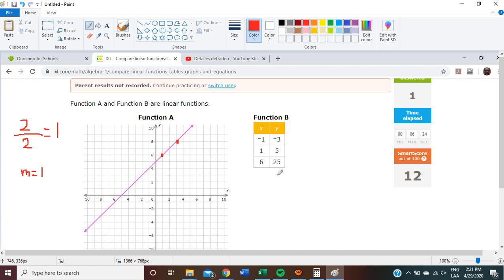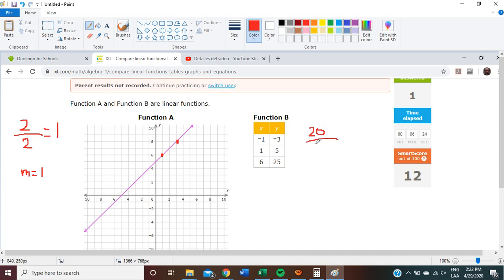Okay, here we have, again, I am going to use these positive numbers. So from 25 to 15, okay, so 25 minus 5 equals 20.